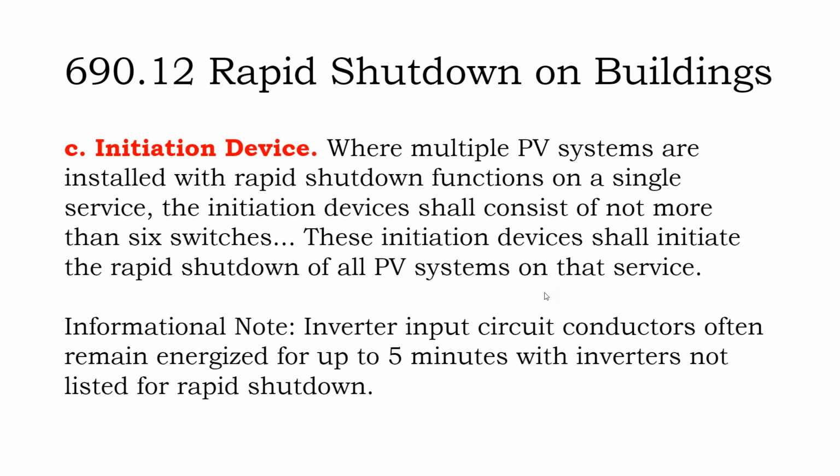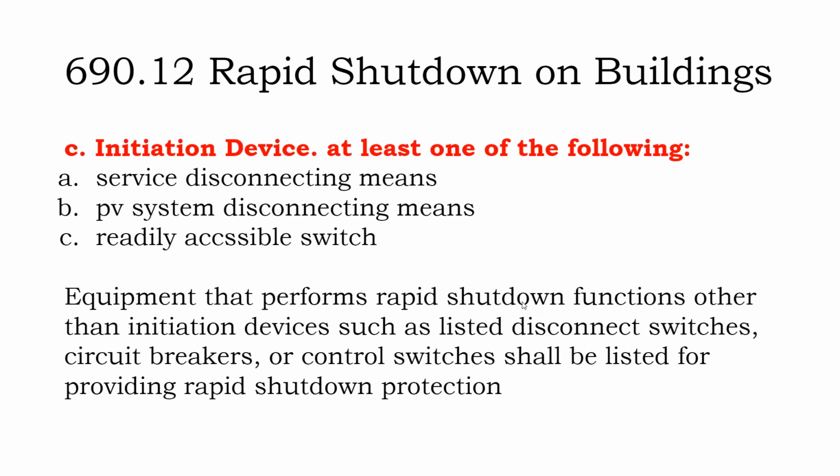And so this is also kind of a problem because even if you had a disconnect switch, it still can take a while for that electricity to drain. Meanwhile, the building's on fire.